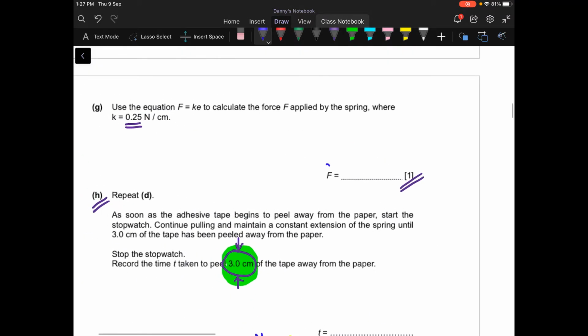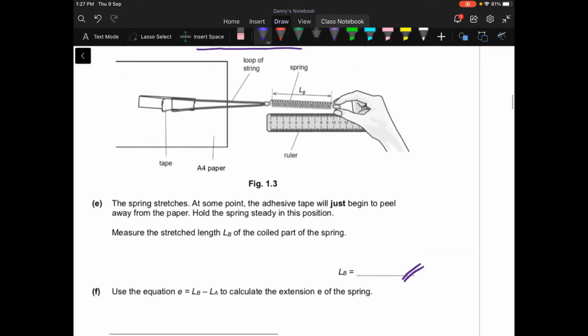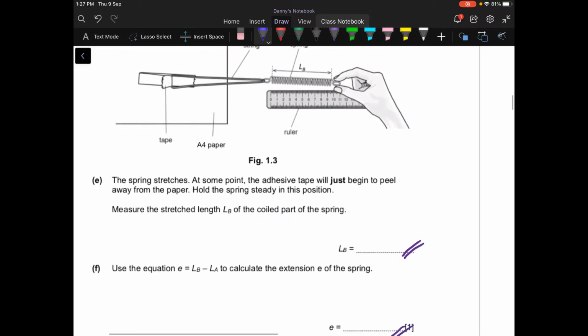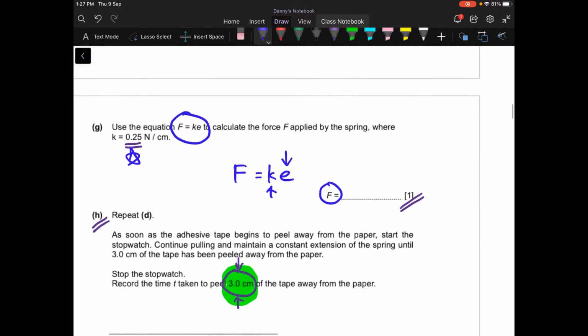So I go and look, what is my F? Oh, I see, I found F like this. How do I find F? Oh, okay, F is found by this KE, right? I know that K is basically a constant. So I need to now look at E. Is my E a variable? Then I look here. Okay, nothing about E except here, right?